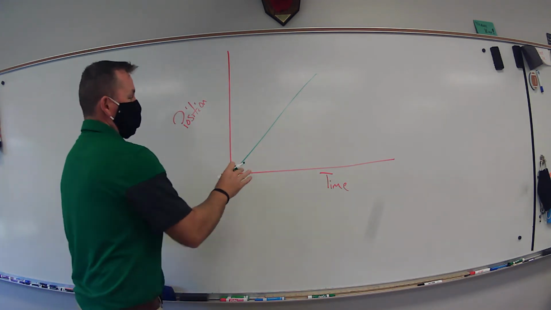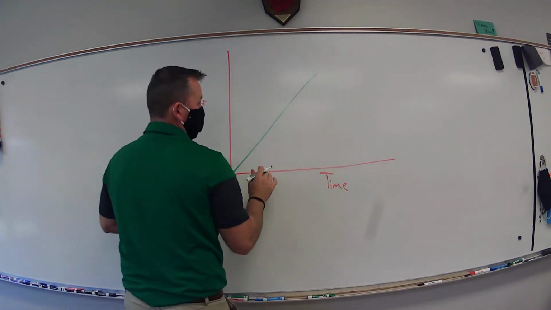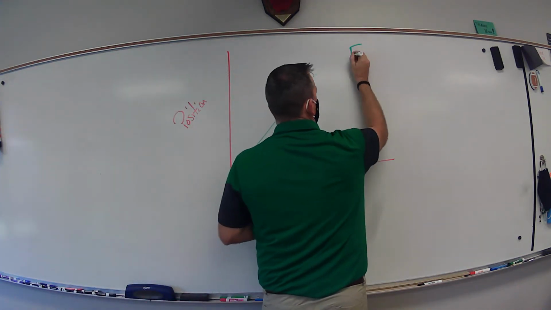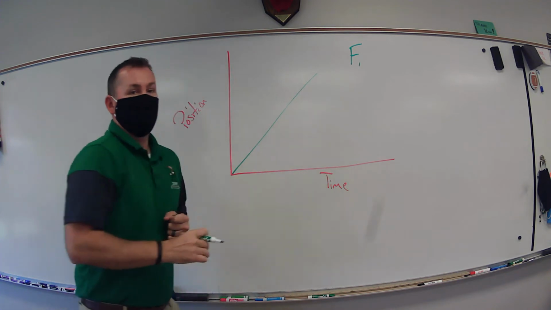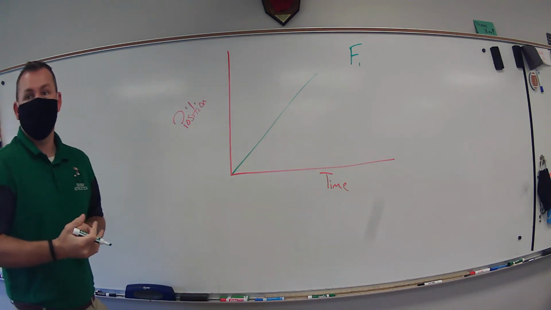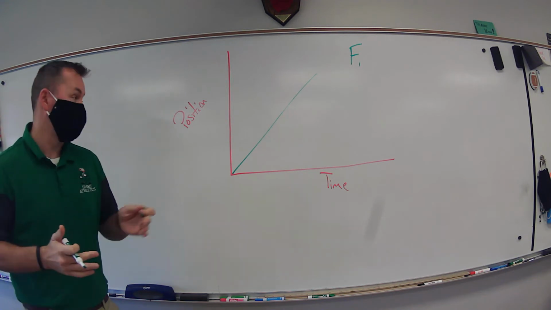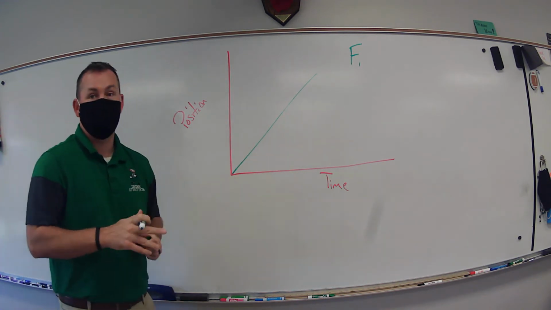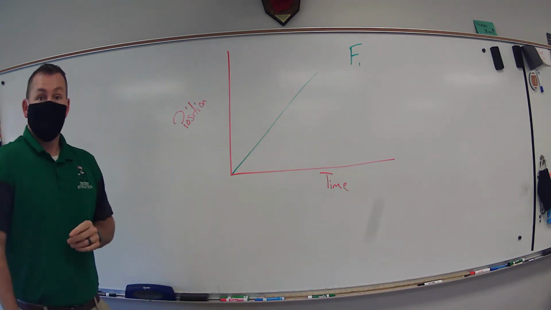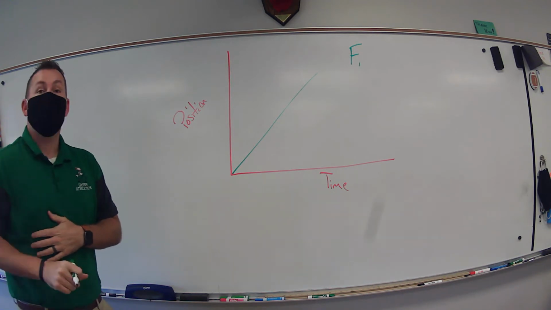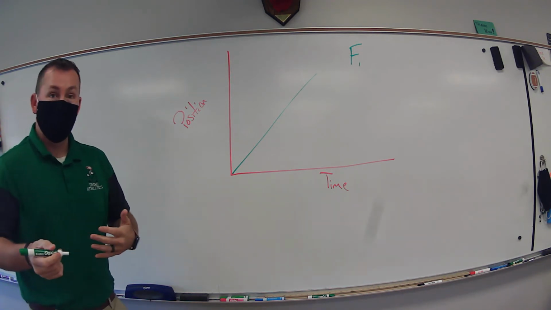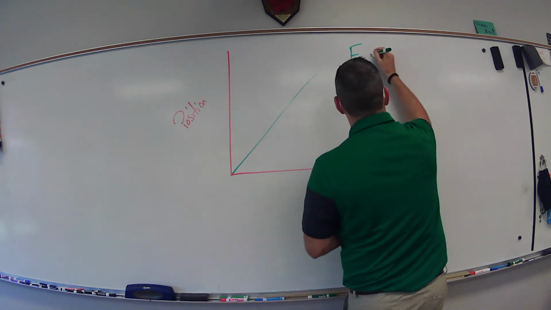So this one is going forward, so we're going to just put an F over here for forwards. And then what can you tell me about the acceleration of it? First of all, what can you tell me about the velocity of it? Position time, what can you tell me about the velocity of it? Bingo, it's constant, okay? So if it's forward, it's going to have a constant velocity.